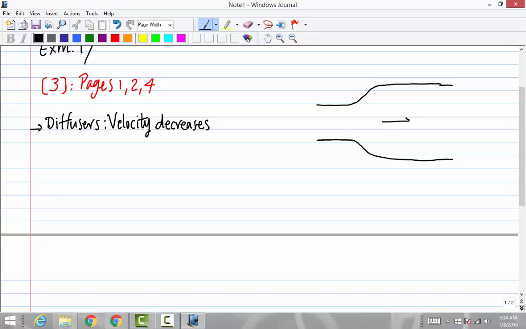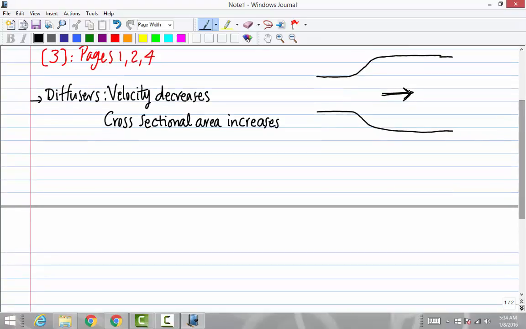So the air goes to the right and the cross-sectional area increases. Great. Let me continue reading the question for you.